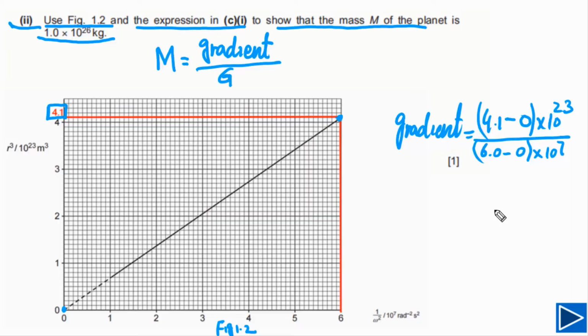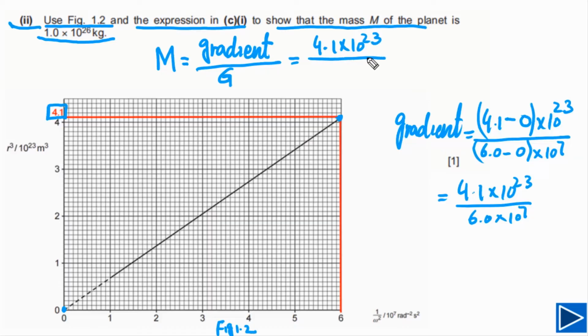So this is value of gradient. As we can simplify, this is 4.1 times 10 to 23 divided by 6.0 times 10 to 7. Now we have to plug in this value for gradient. So gradient is equal to 4.1 times 10 to 23 divided by 6.0 times 10 to 7.